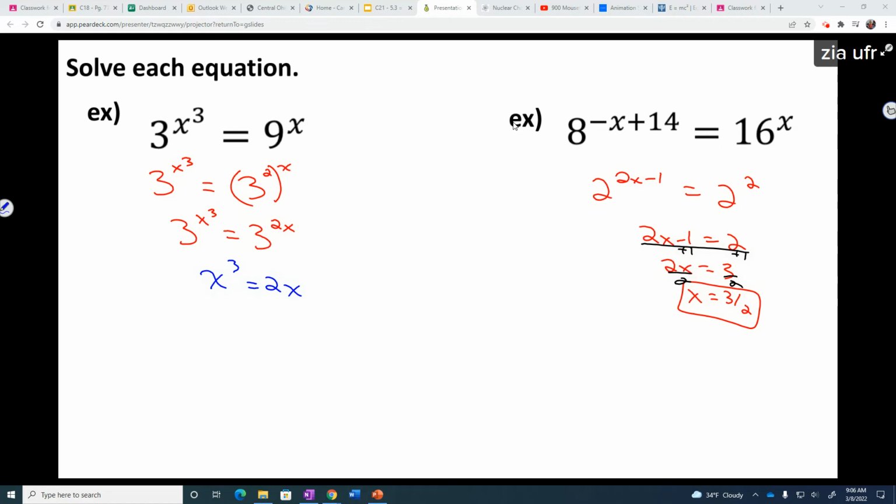All right, well, what do we do from here? Divide by x, okay. That's a good thought. We're actually going to do something not that. The reason why is if we divide by x, we would be able to solve it.